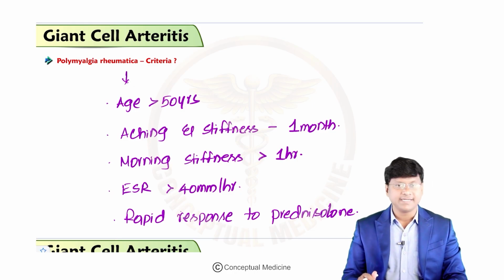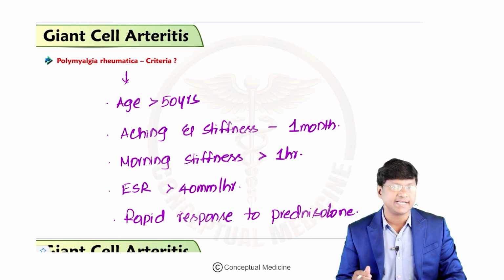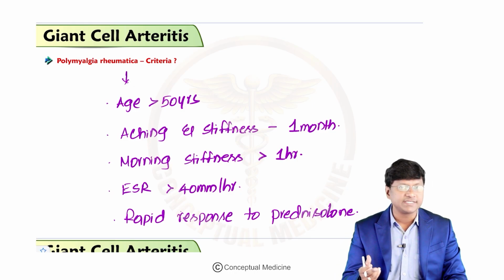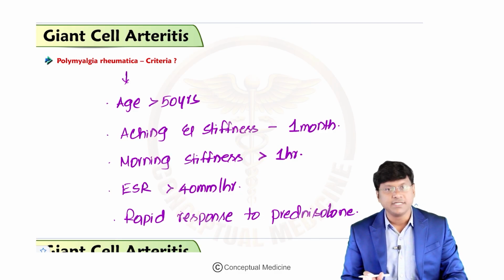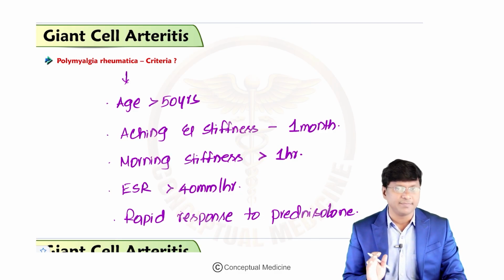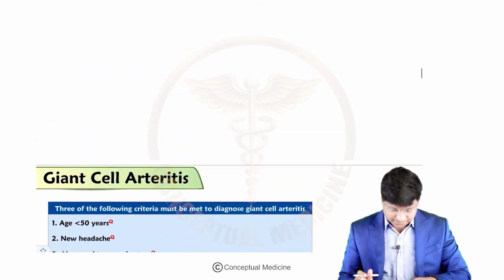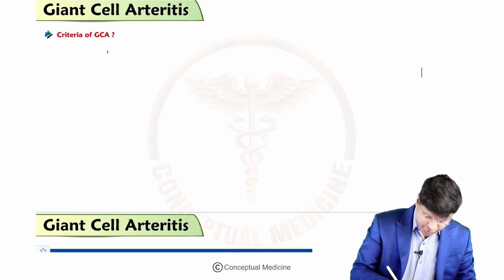Now, followed by that, the criteria of giant cell arteritis is slightly different from the criteria of polymyalgia rheumatica. That includes the age of the individual, same, more than 50 years.